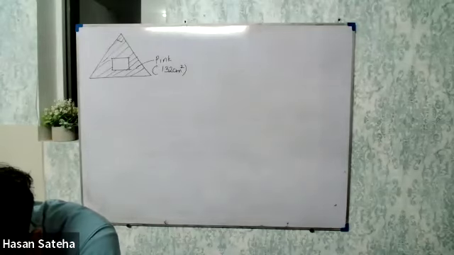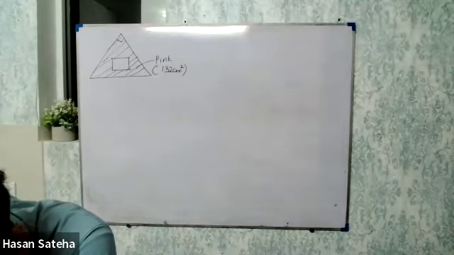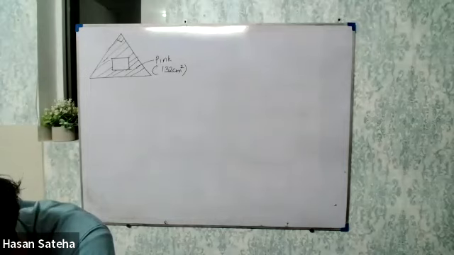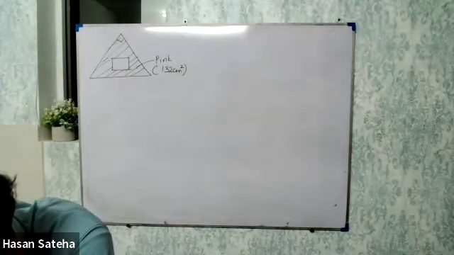So if x is less than 4, that part will become negative. You know, length cannot be negative. So keep in mind, x should definitely be greater than 4. Even before starting the question, I'm just giving you a clue. We'll see whether it will be useful for us. Maybe it won't be. I don't know.